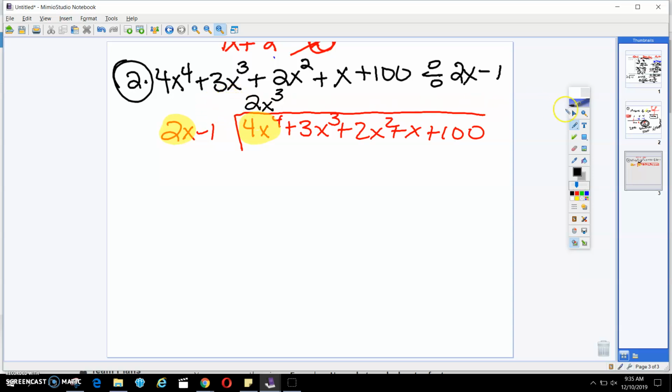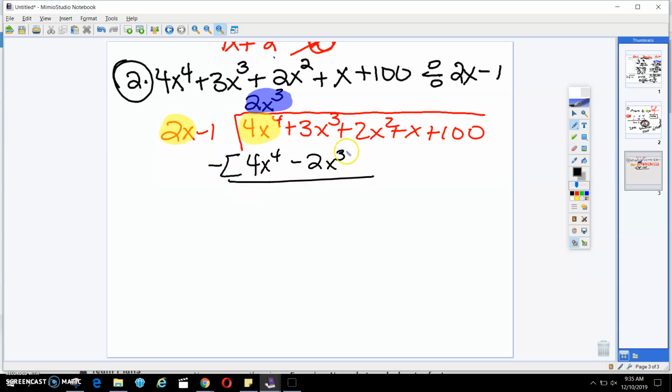All right? So then what we're going to do, and this is the part that y'all always forget, is take this guy that we just found and multiply by everything out here. Everything. So when we do that, we get 2x to the 3rd times 2x, which gives me 4x to the 4th. 2x to the 3rd times negative 1 gives me negative 2x to the 3rd.